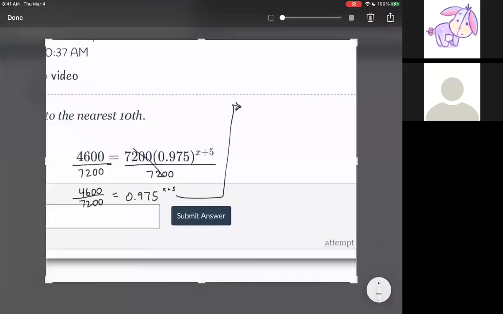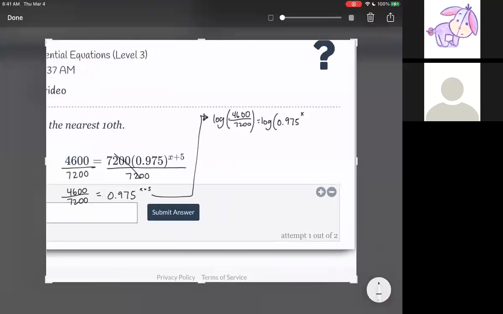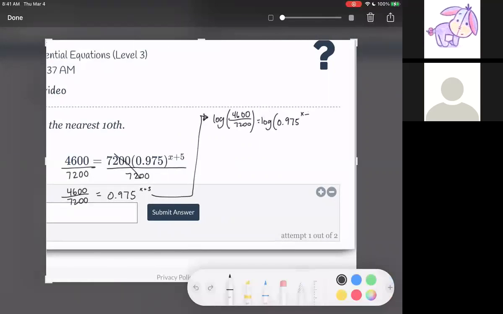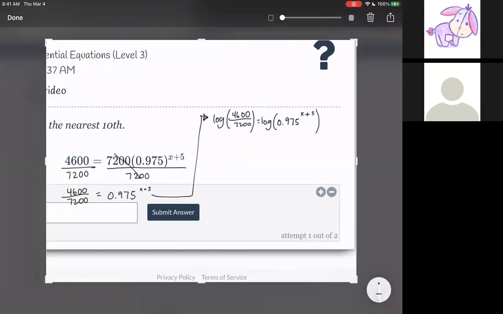And so now that we have our exponential by itself, we can do a log of both sides. So log of 4600 over 7200 is equal to log of 0.975 to the power of x plus 5. Oops, that's not how you write a plus sign. There we go.